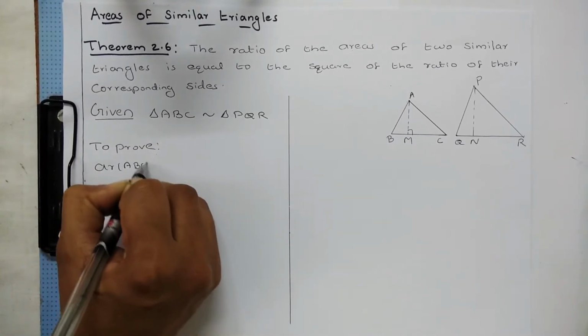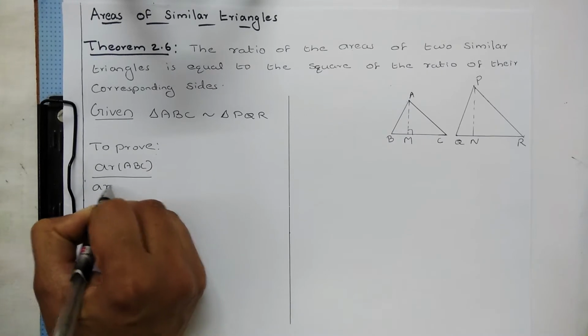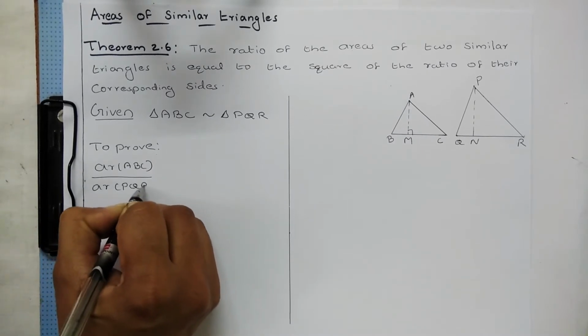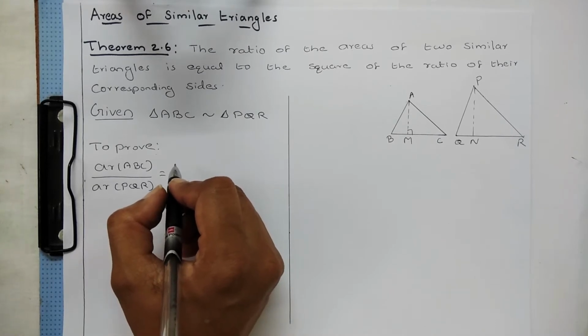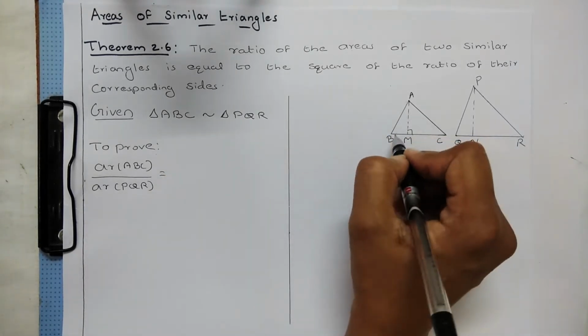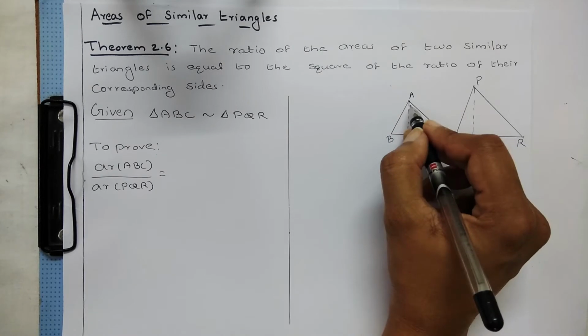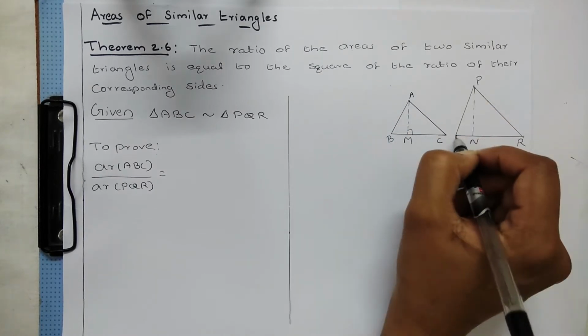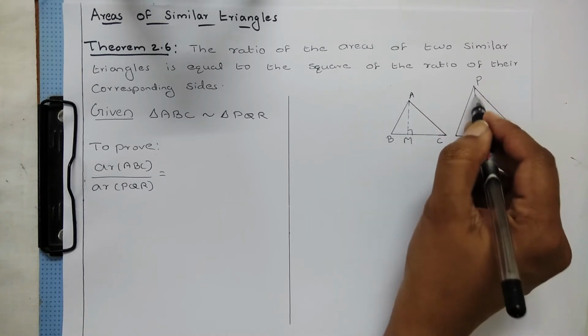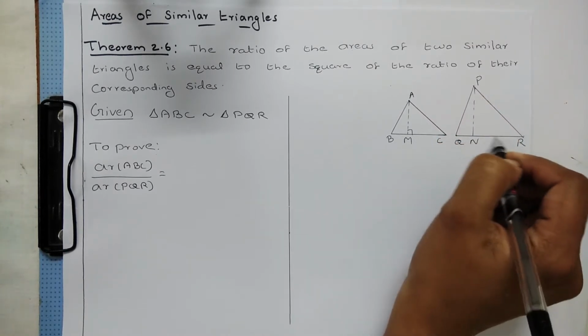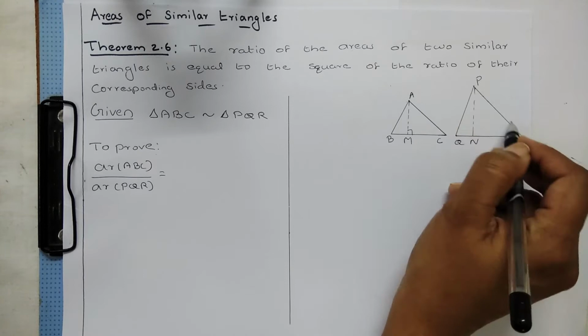ABC, the ratio of area of ABC to area of PQR is equal to the square of the ratio of their corresponding sides. So here ABC and PQR: A corresponds to P, B corresponds to Q, C corresponds to R. In the same way AB corresponds to PQ, BC corresponds to QR, AC corresponds to PR.